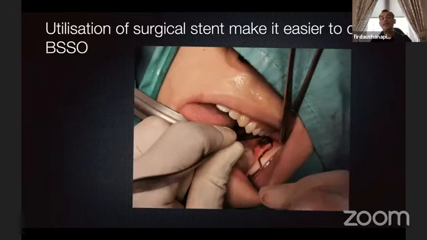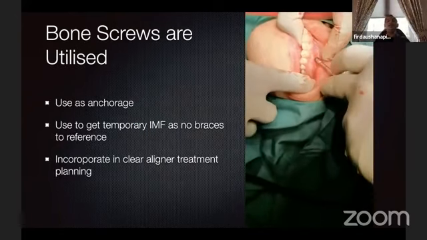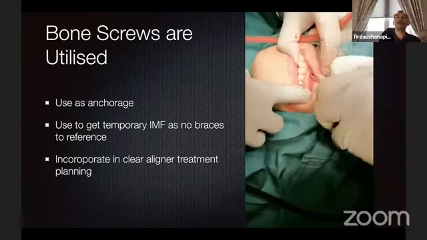In this case, you can see with the guide, we can do a very good incision and also tracing of the mandible, and the cuts were very precise using a guide. Bone screws were also utilized. This is one thing that we love. As you can see, he has no braces.